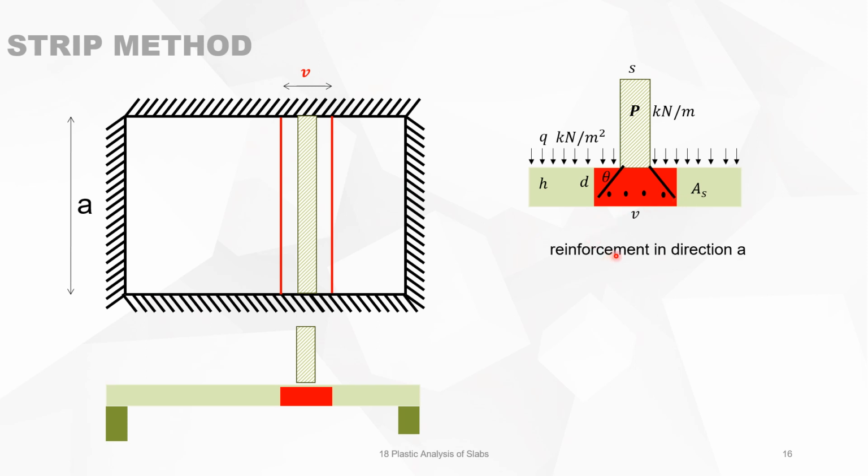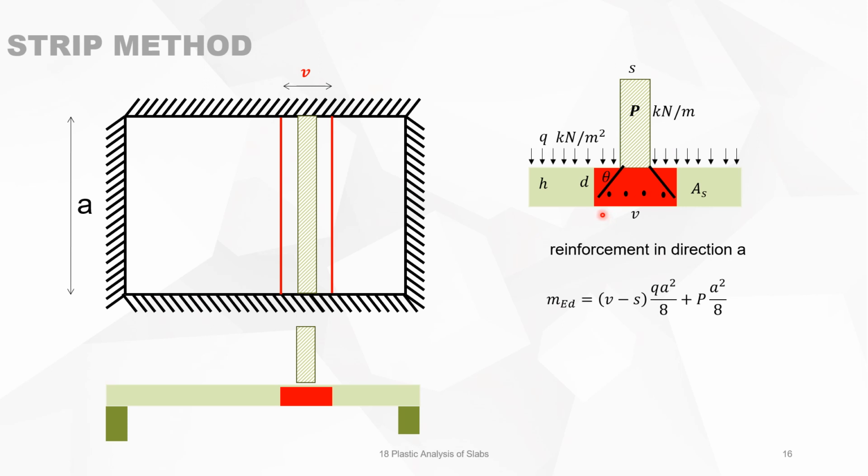The reinforcement in the direction of a will then be determined by the bending moment coming from the line load P, and that is P, in kilonewton per meter, times a squared over 8. And then we take the uniform distributed load q, left and right.